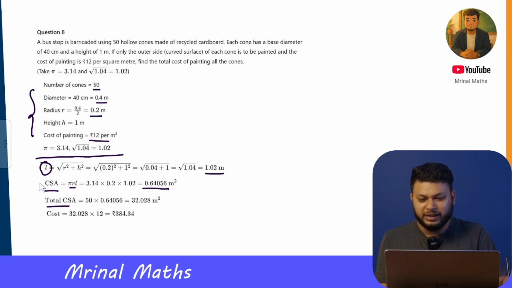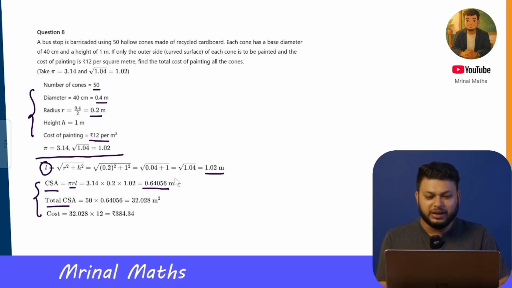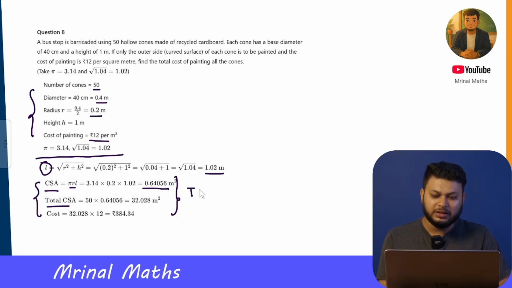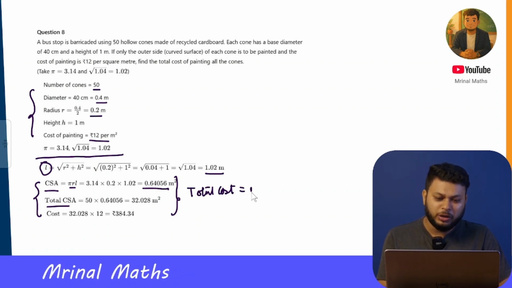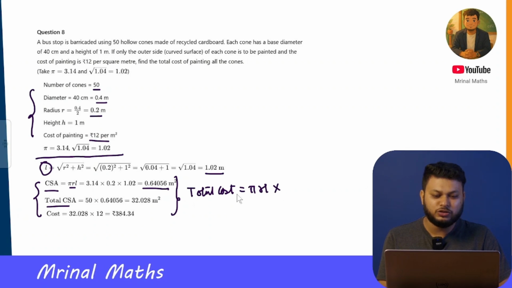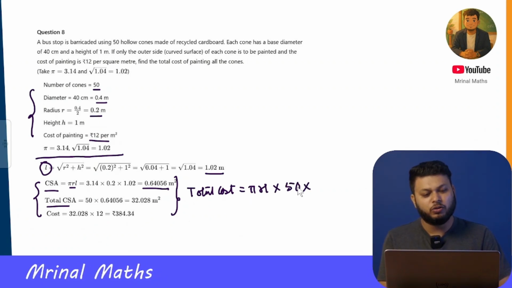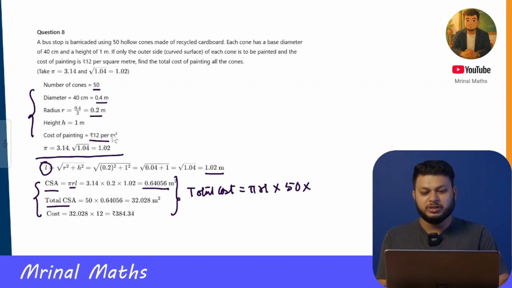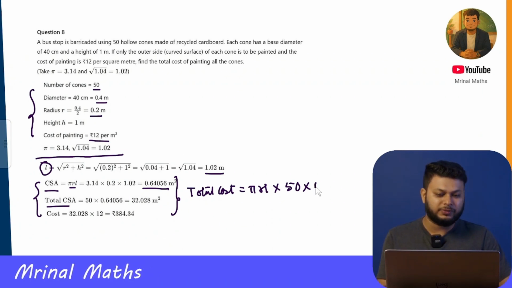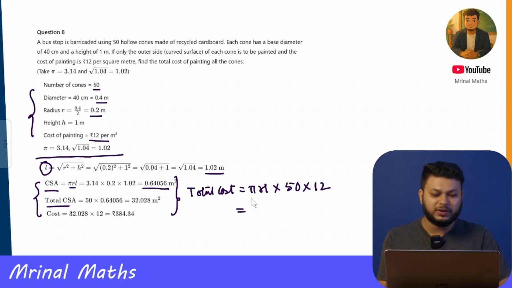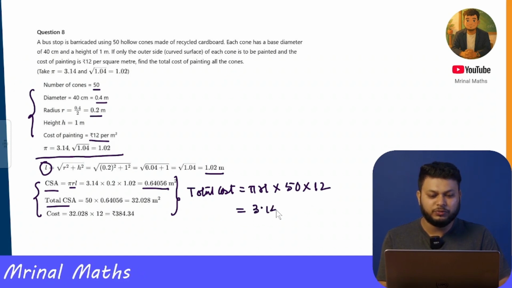Instead of writing in this manner, you can directly solve this. Total cost is equal to pi r L into how many cones? 50, and cost of 1 meter square 12. So you can directly put all these values. Pi value, you know, 3.14.